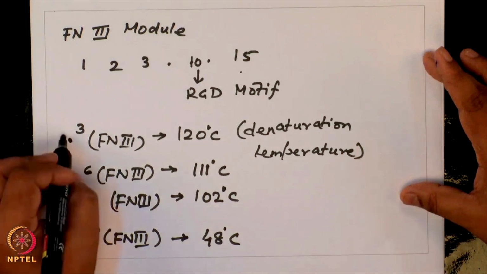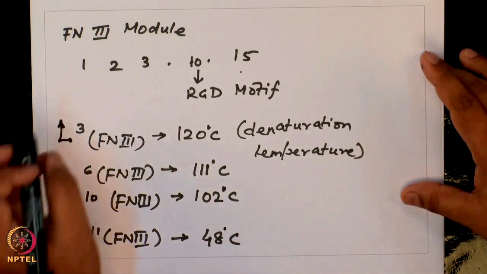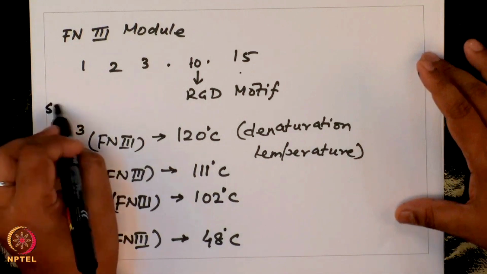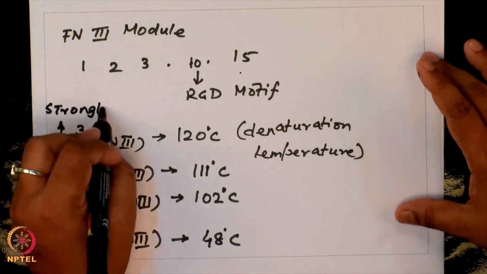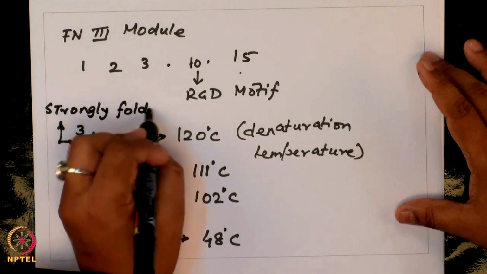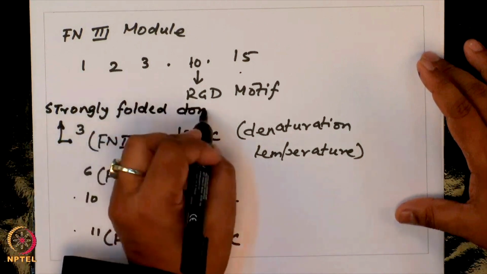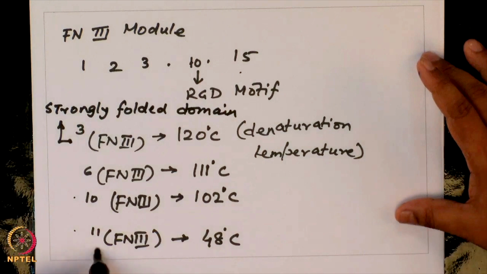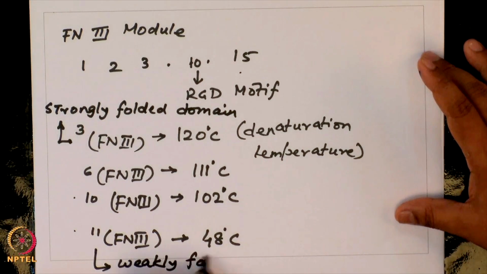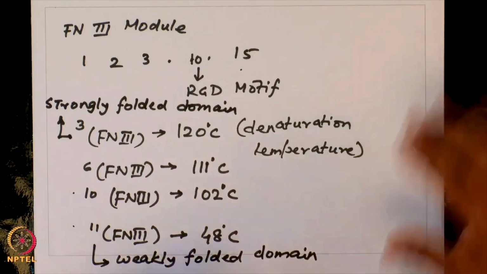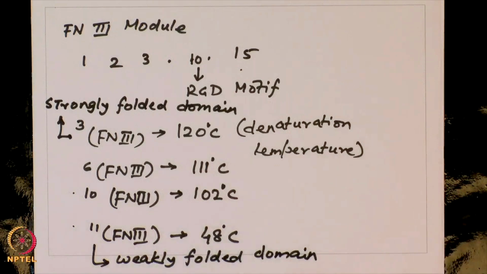So, this would indicate that domain 3 is a strongly folded domain, and domain 11 is a weakly folded domain.